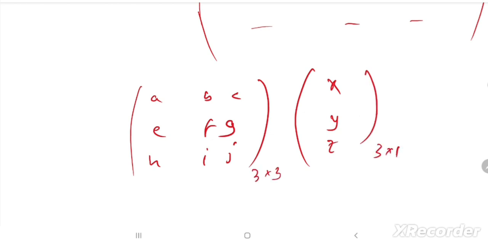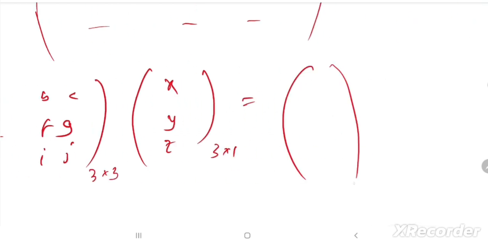Now how to multiply unsymmetrical orders? Suppose you have a 3 cross 3 matrix A, B, C, E, F, G, H, I, J, and this is X, Y, Z. This is a 3 cross 3 and this is a 3 cross 1, so it will be a 3 cross 1 matrix effectively.